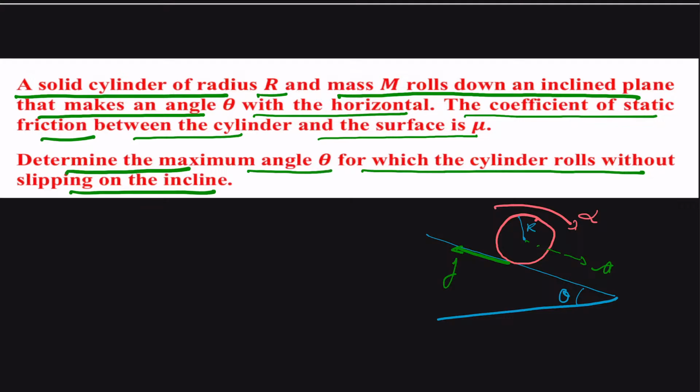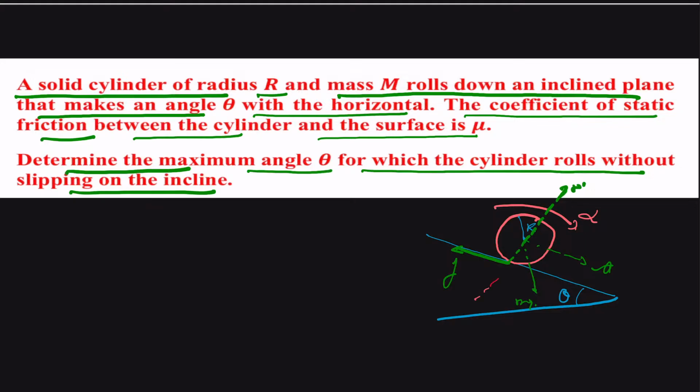And the forces that will be acting, we are going to have our mg, and there will be a normal. Okay, so these are the basic forces down the inclined plane. And our mg can be divided into two components.